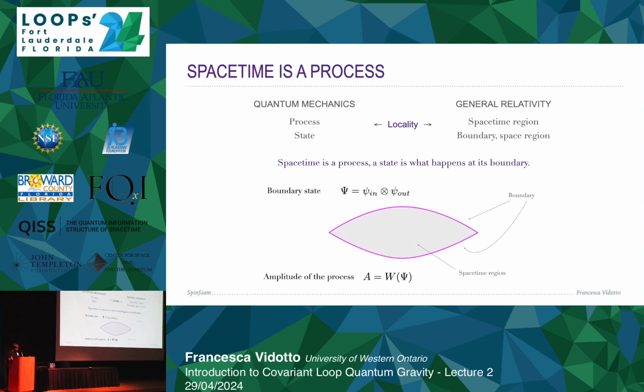So let me describe what is going to happen. Here we have defined states, functions of these H variables, and we have seen that I can write them in the spin network basis. But these were states of space. What I want to do now is to use them as an ingredient in computing processes.